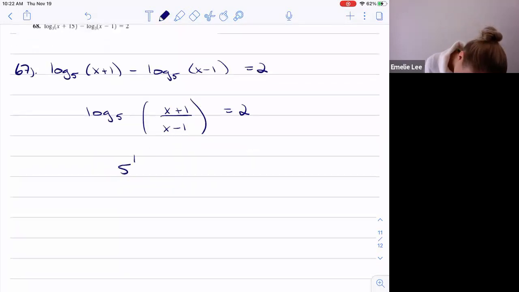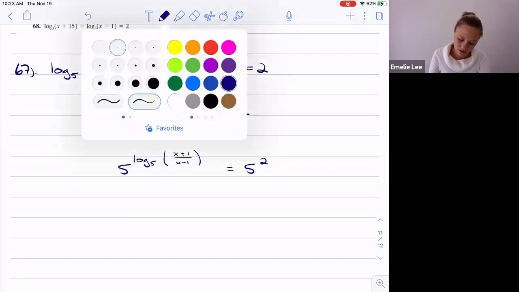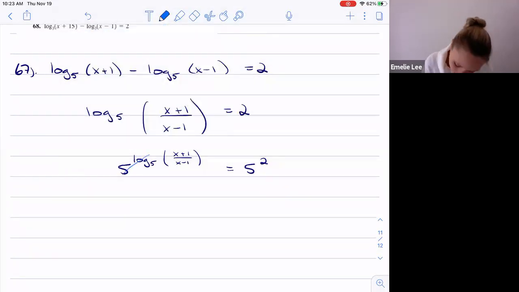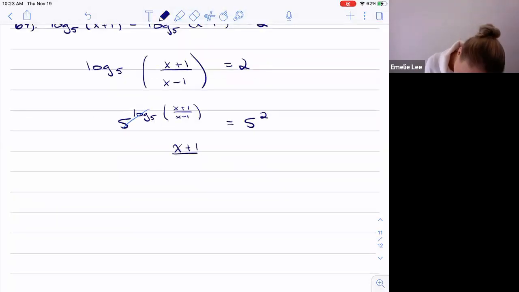So I have 5 to the power of log base 5 of x plus 1 divided by x minus 1 is 5 to the power of 2, right? So you use the same base that you have in your log. That means this side is going to cancel out. And so what you have is x plus 1 divided by x minus 1 is 5 squared, which is 25.